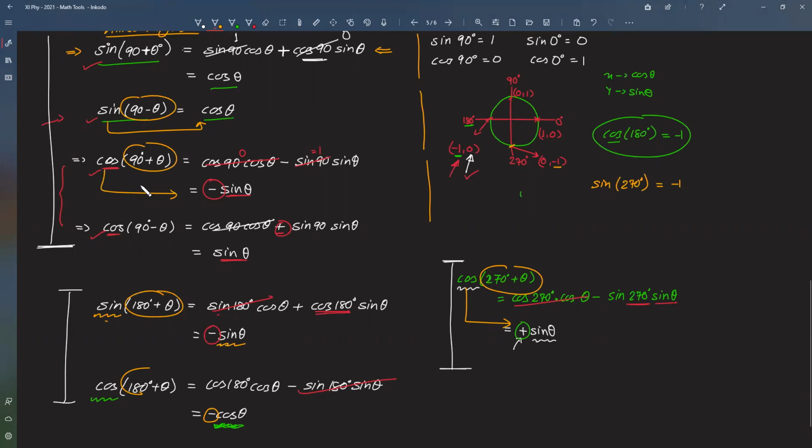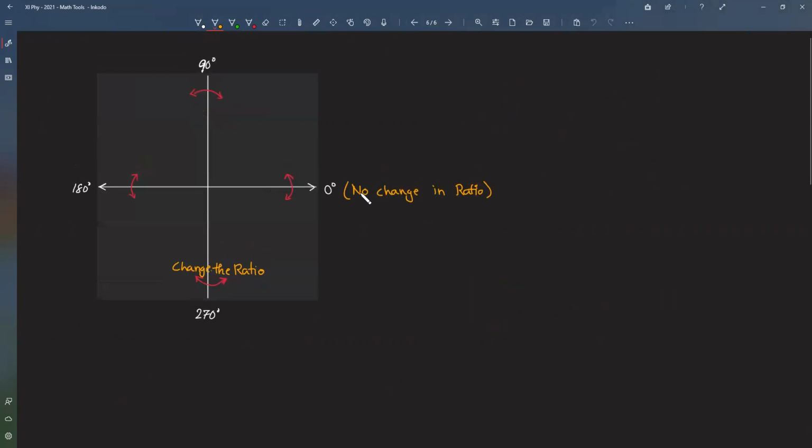Sine remains sine, cos remains cos. So that is the one observation, and we have already concluded that. We will also verify this by deriving the result for one more such transition.